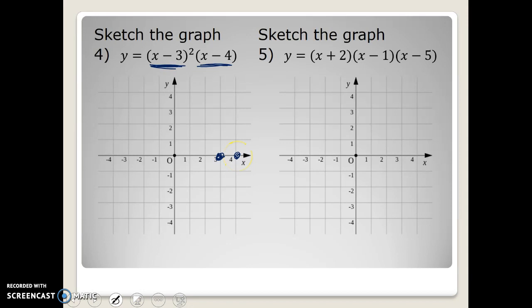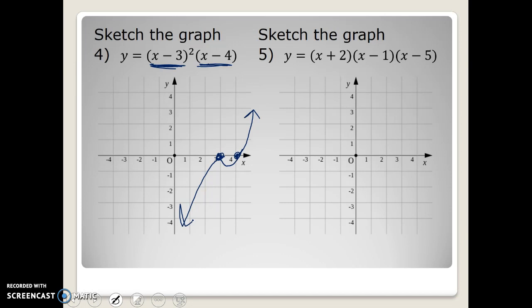When I multiply these together, I'm going to have an x squared here times an x, which means the leading term is going to be positive, which means it has to be going off on the right in a positive direction. Now it's going to go through here, bounce here, and go down in this direction. So number 4 is going to have a graph that looks something like this.